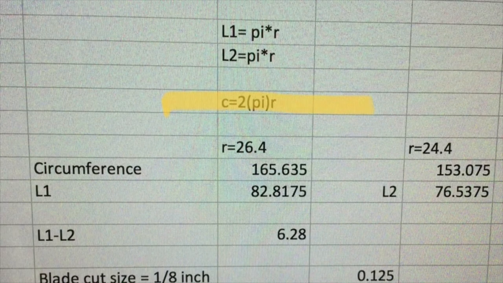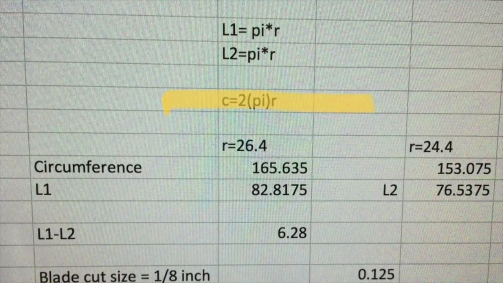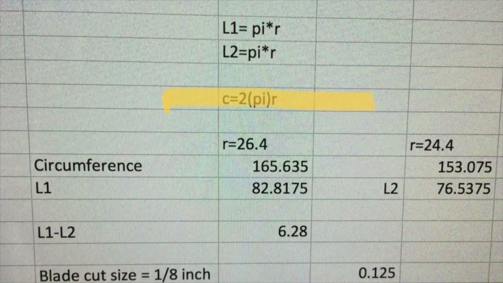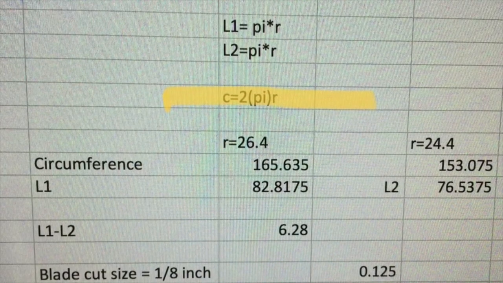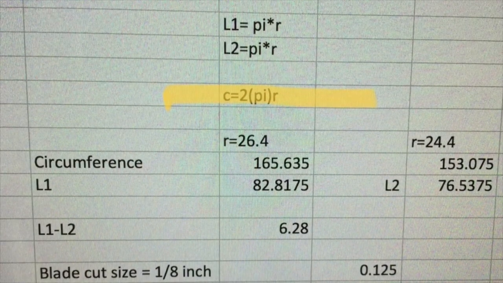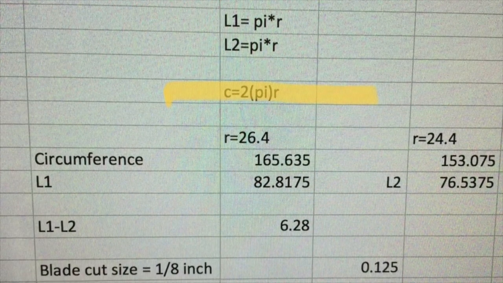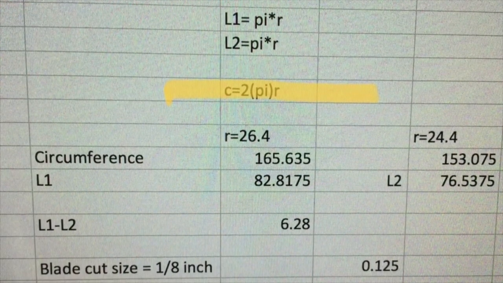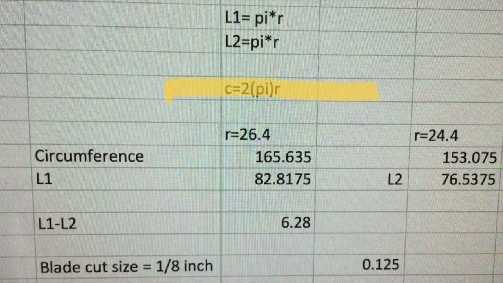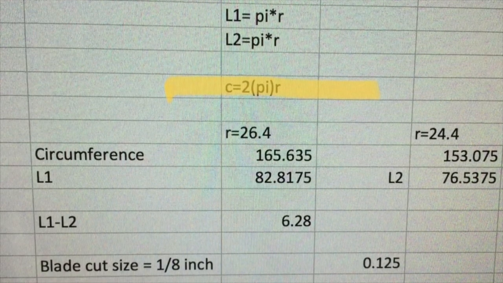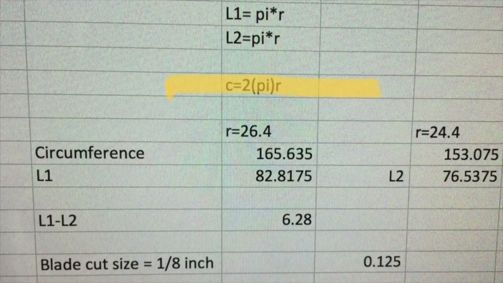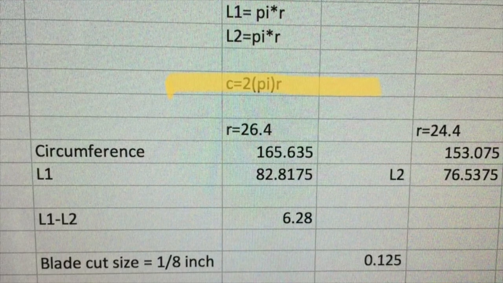You need to calculate the circumference of two independent circles, one representing the outside of the circle and the other representing the inside of the circle. But because we're doing an arch and not technically a circle, we only need to calculate half those amounts.